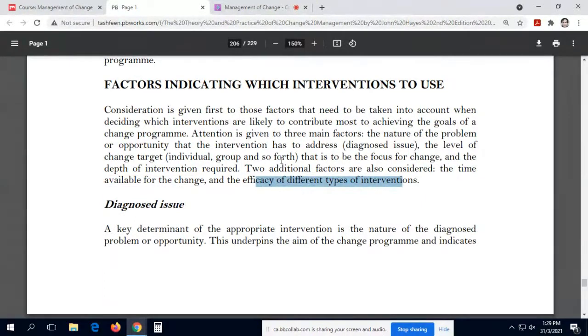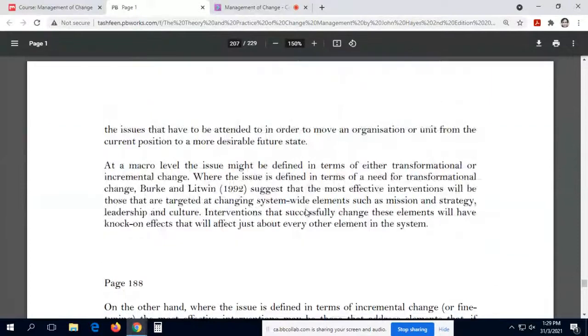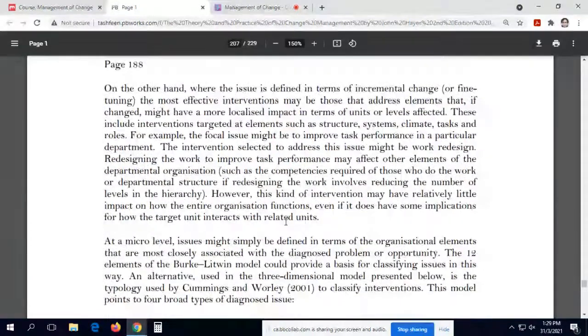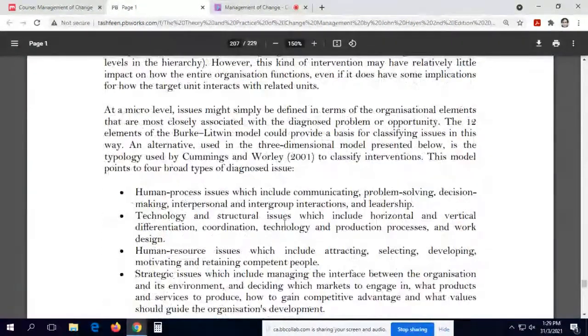If you can recall, we have spoken about these things in earlier discussions. The Burke and Litwin model, if you remember, they talk about that also in the chapter. Let me show you a little bit so it is easier for you to pick up when you are reading this one. The 12 elements of the Burke-Litwin model could provide a basis for classifying issues in this way.